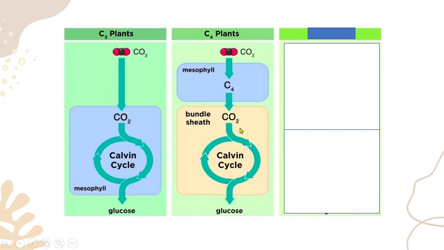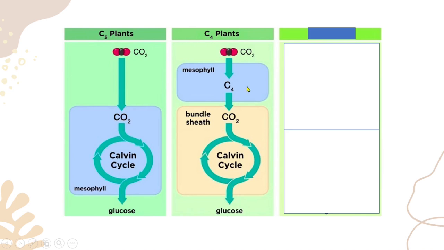Okay. Now, in addition to that, there is also the separation of space because unlike the C3 plants, the fixation of carbon dioxide into a 4-carbon molecule happens in a mesophyll cell, and then the 4-carbon molecule will release the carbon dioxide into what we call a bundle sheath, which will enter the Calvin cycle to produce glucose later.